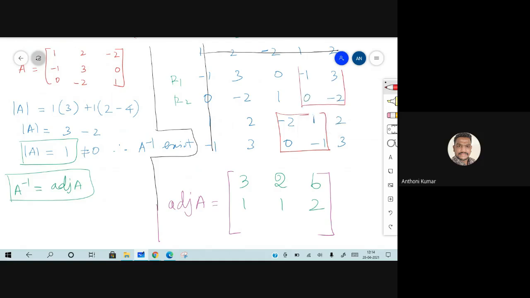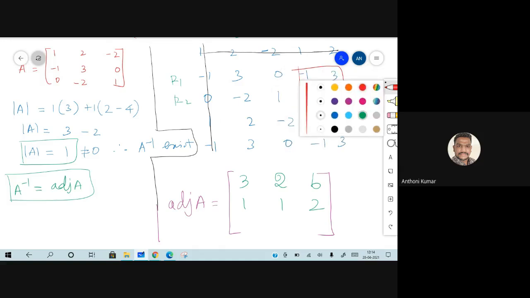taking a determinant of this, and this, and write the row. Okay, take the determinant of these 2 by 2. Minus 2 into minus 1 is what? Plus 2. Understand?